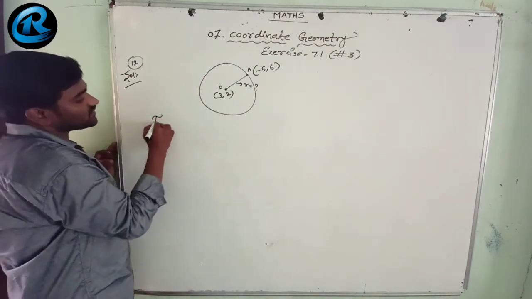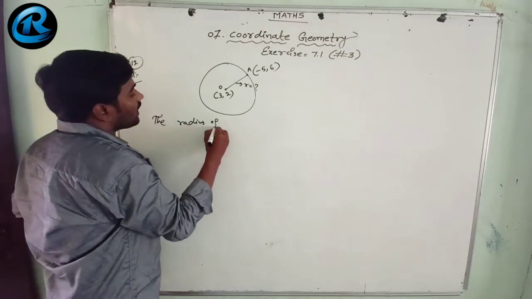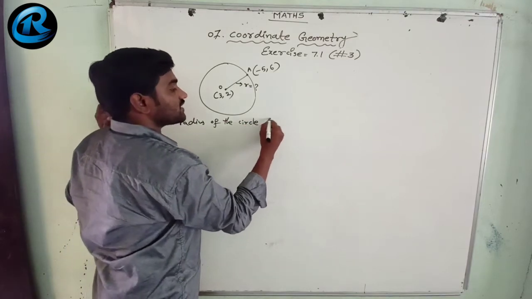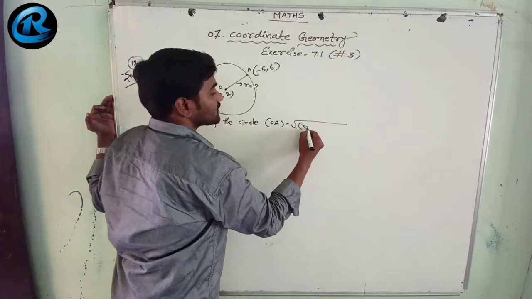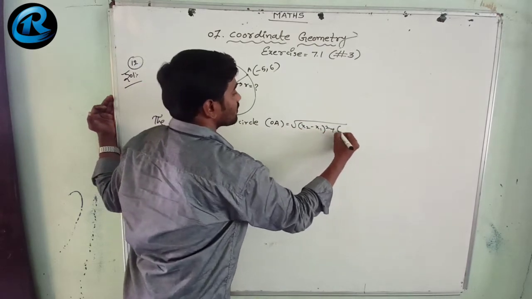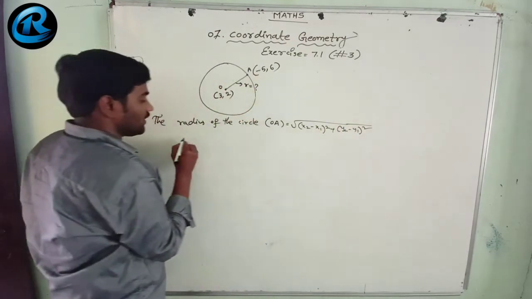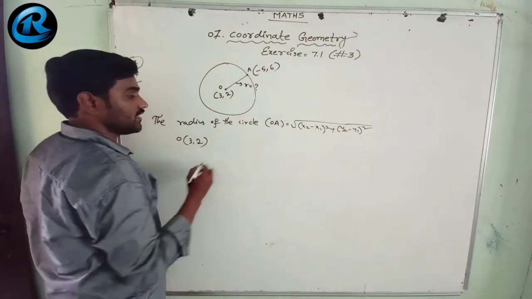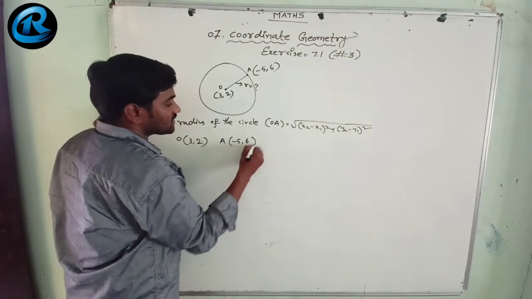Therefore the radius of the circle is nothing but OA. That equals, we use the distance formula, that is square root of x2 minus x1 whole square plus y2 minus y1 whole square, where O value is 3, 2, the center of the circle, and A value is minus 5, 6.